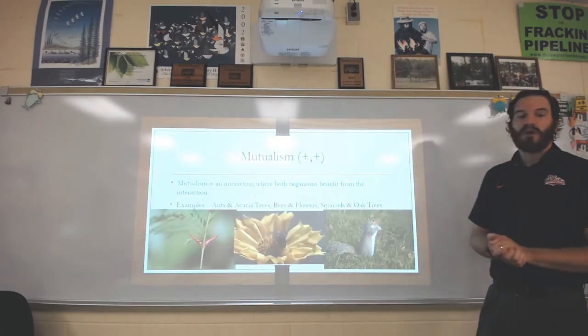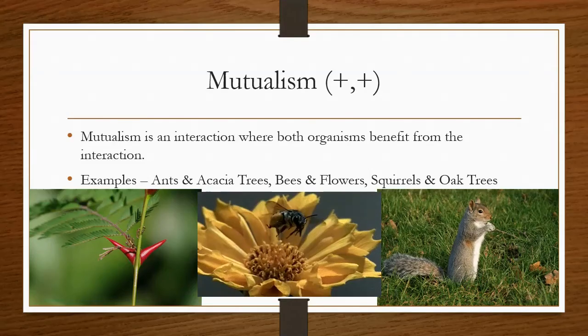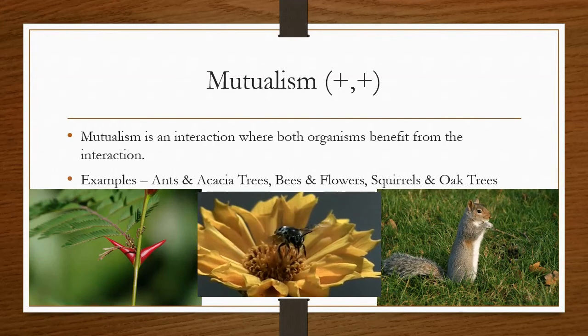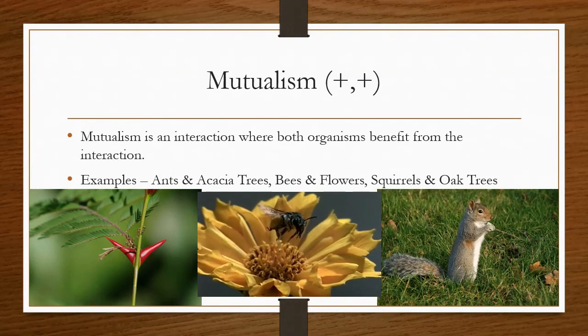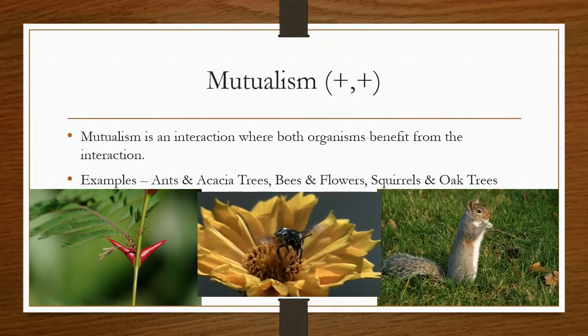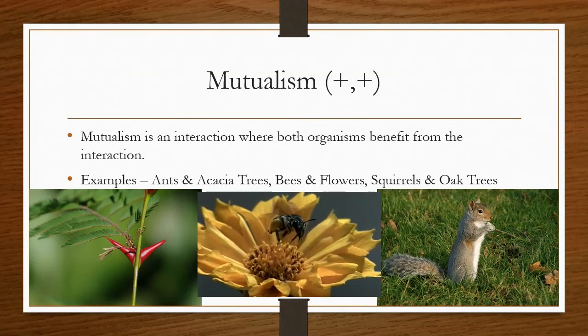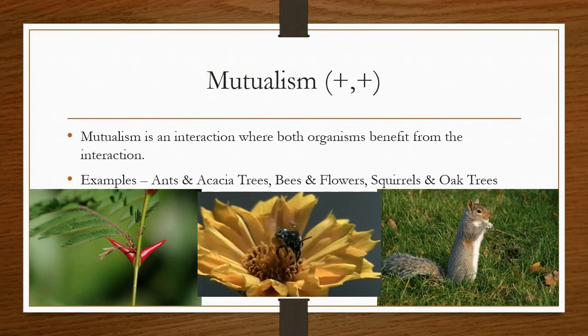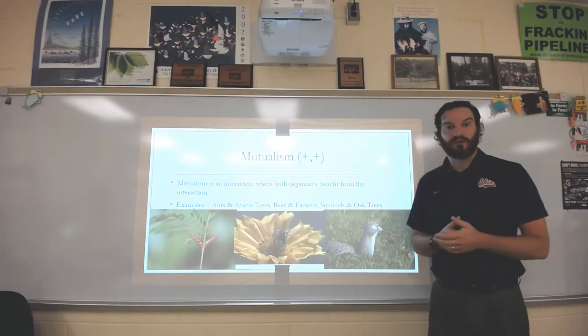So let's go through mutualism real quick. Mutualism is an interaction where both organisms are going to benefit. So what are some examples? How about ants and acacia trees? Acacia trees produce a sweet, sugary sap called honeydew, and the ants eat that honeydew. So the ants benefit from getting a food source.